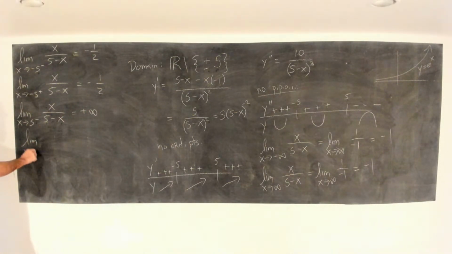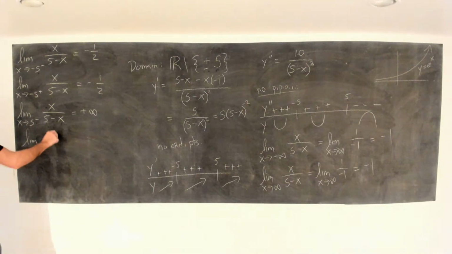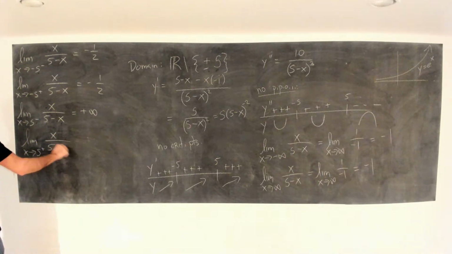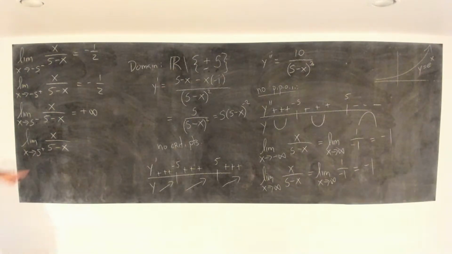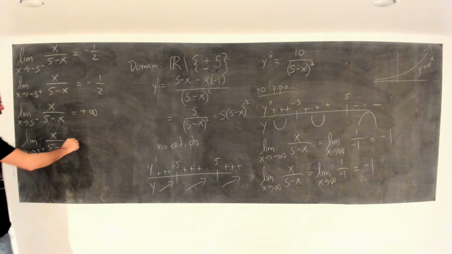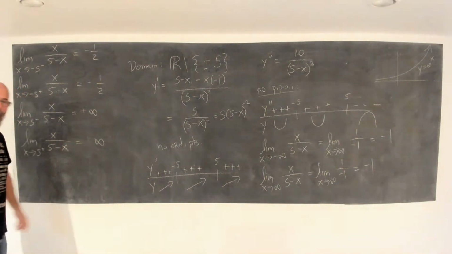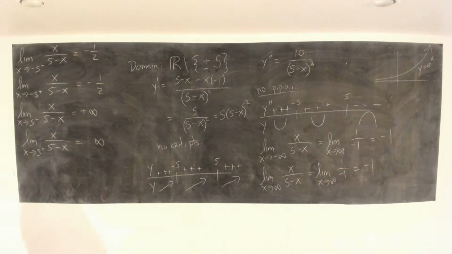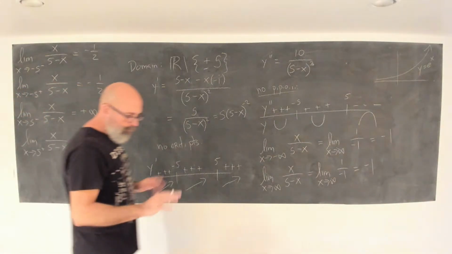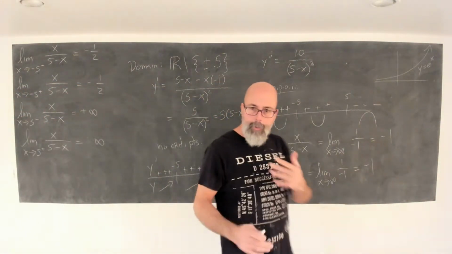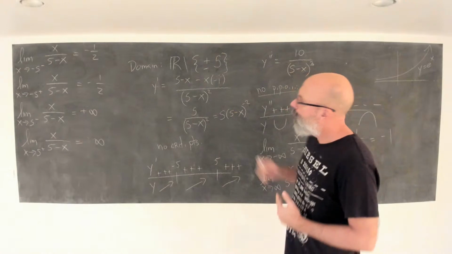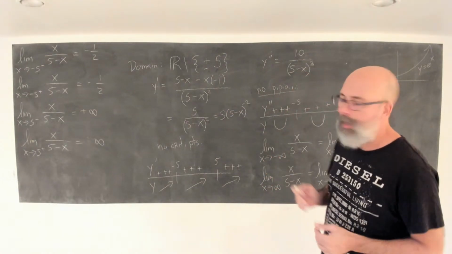Similarly, limit as x goes to 5 from the right. If you plug in, you get a 5/0. So again, some sort of infinity. You want to be careful. A lot of people are going to jump to saying, well, they have to have different signs.